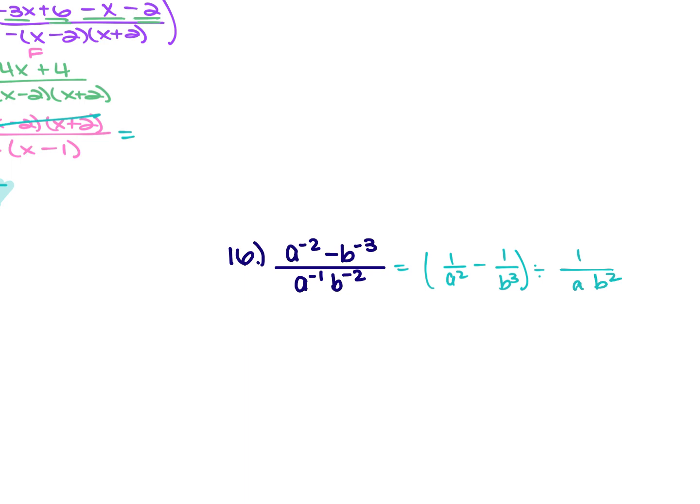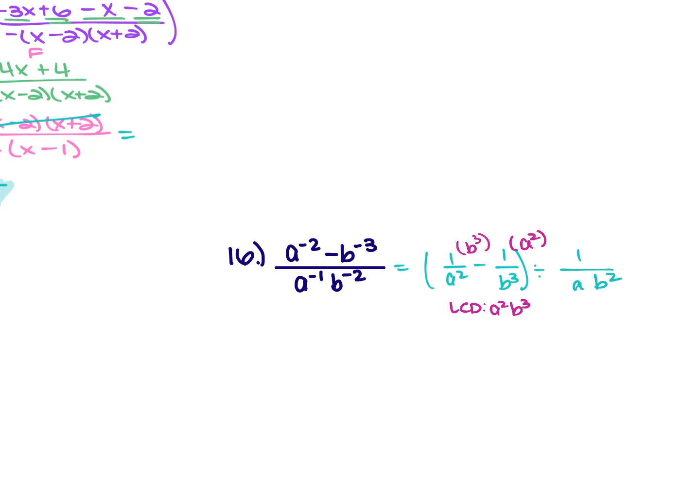With your numerator or your first set of parentheses here, your least common denominator is a squared b cubed. So we're going to multiply the 1 in the first fraction's numerator by b cubed, the 1 in the second fraction's numerator by a squared.